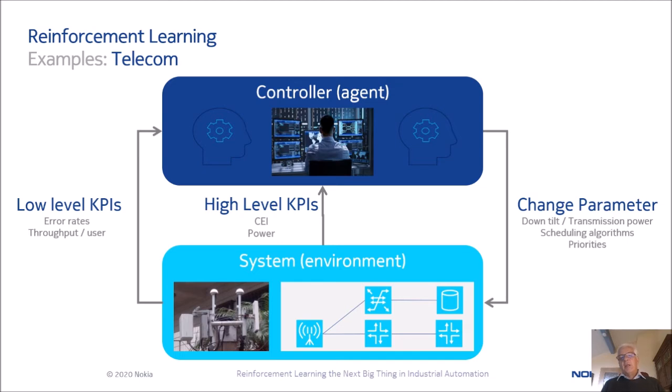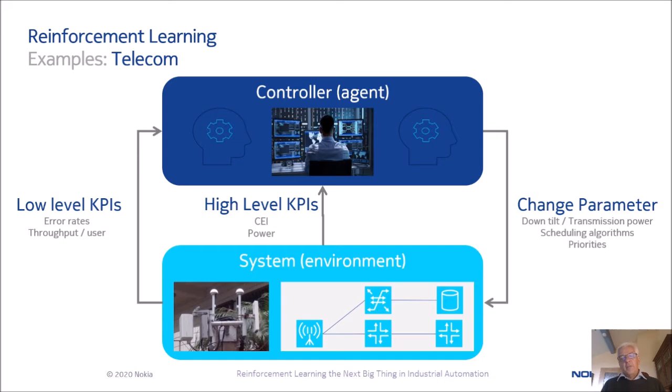Last but not least, this is really done by humans. They are experts. They must be very well informed about what they are doing here. They must have a good understanding of standards and technical issues. Finally, what they do is change parameters. They change the transmission power of such a radio cell. You can set up different scheduling algorithms, set priorities and bandwidth parameters.